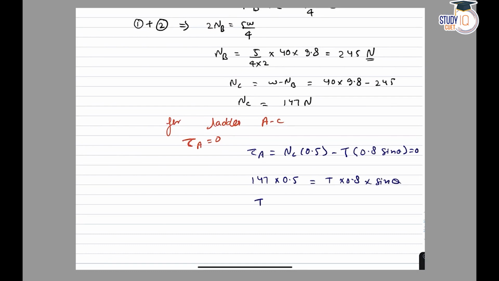The value of T comes out to be 147 into 0.5 divided by 0.8 into sine theta, where sine theta is sine of 72.8. On solving this expression, the value of T comes out to be 96.17 Newton.